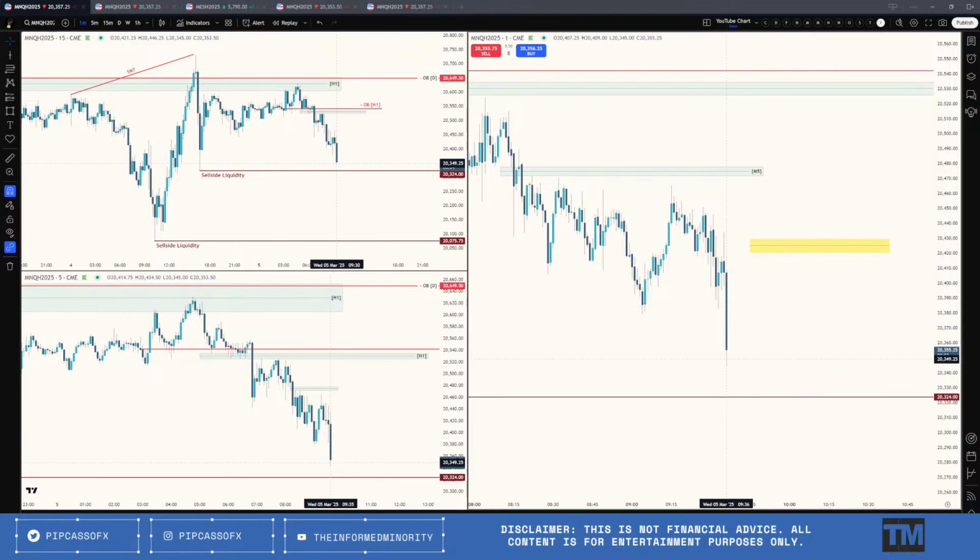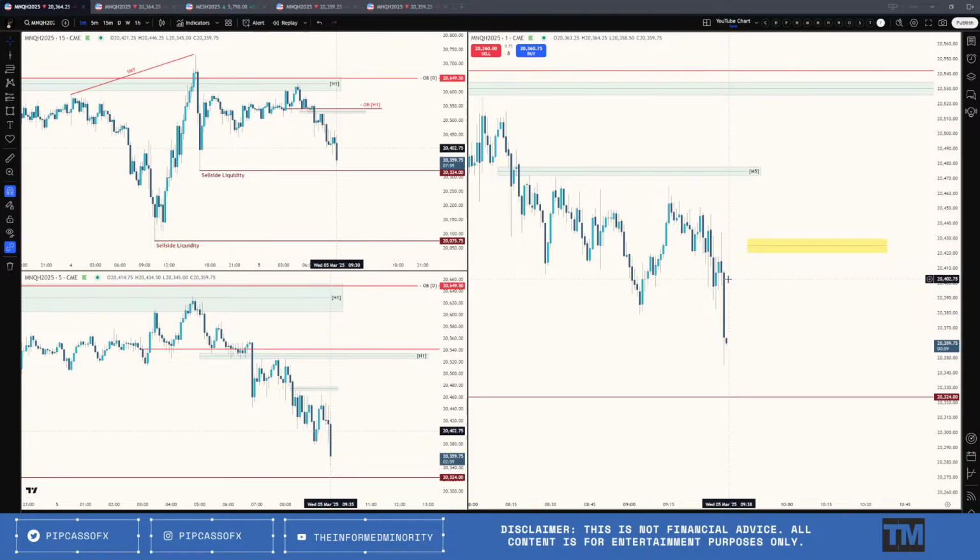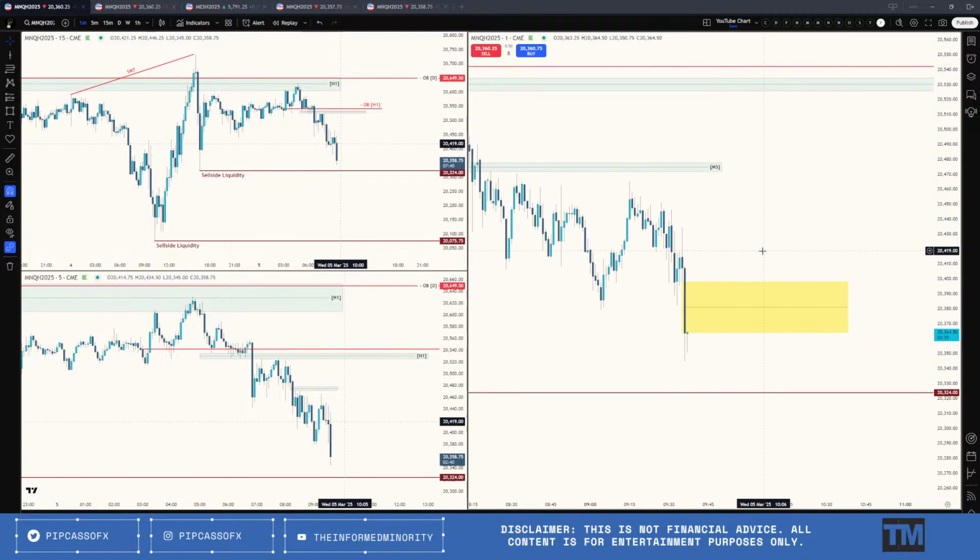We actually hit the consequent encroachment of it, right here. If we can create a nice gap here and not just run too low, I would prefer that. Looks like we left this open and we have this right here. That's kind of what I would see.